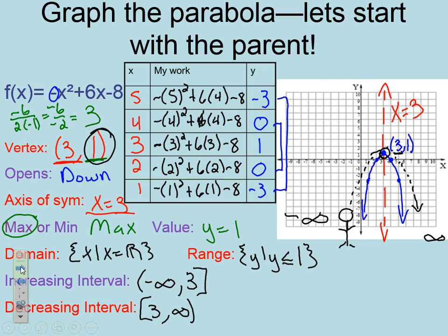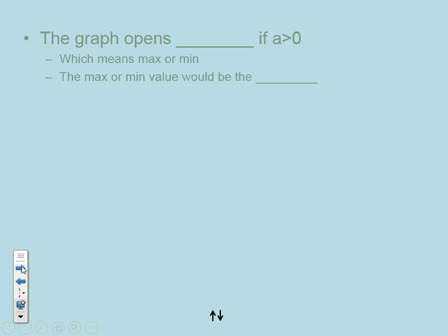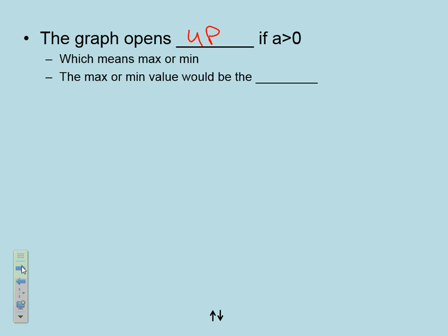All right, moving on. Here we go. When the graph opens up, if a is greater than 0, which means we're going to have a minimum, we can tell our minimum value by the y value of the vertex.